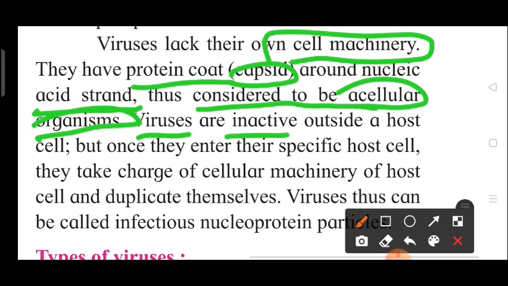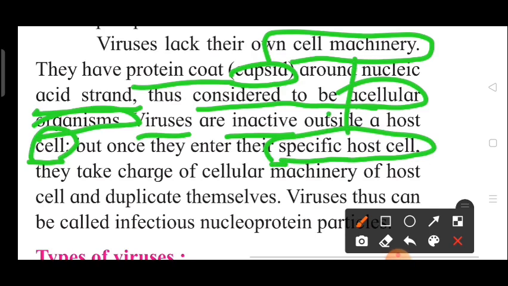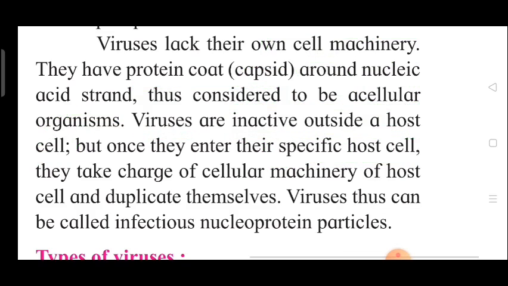Viruses are inactive outside the host cell. Once they enter their specific host, okay, host is the organism on which the parasite depends, or the organism to which the parasite causes disease. That is called the host.